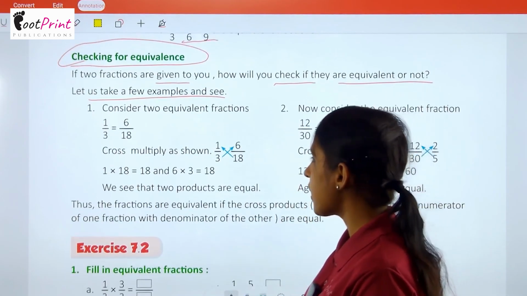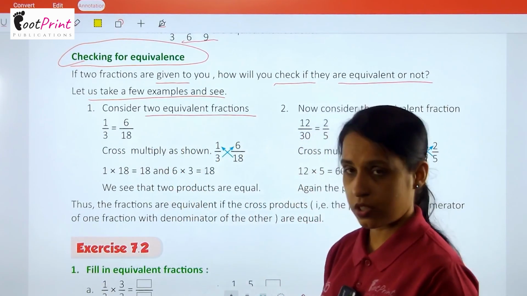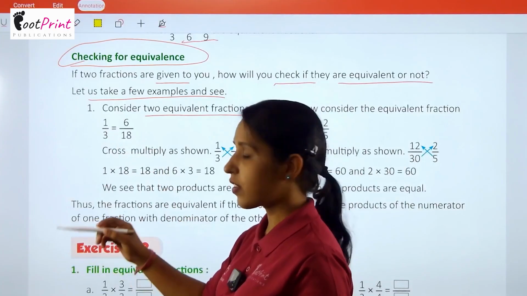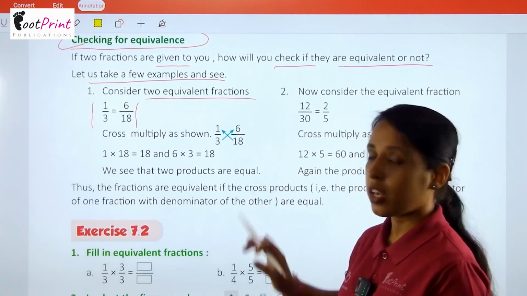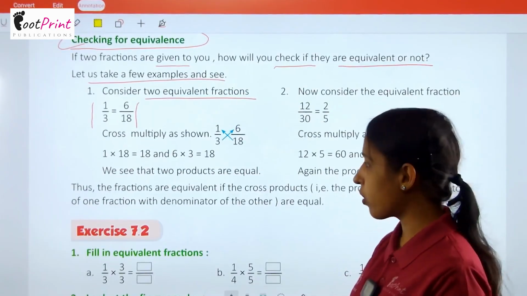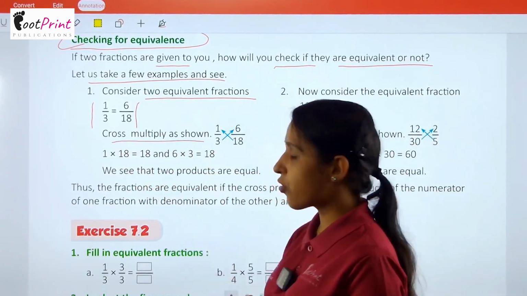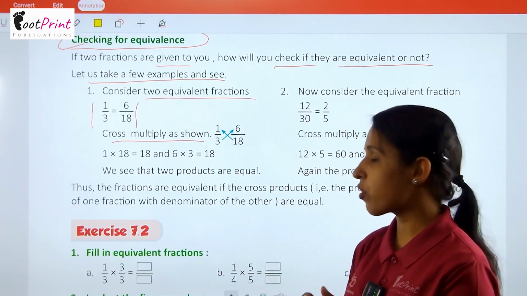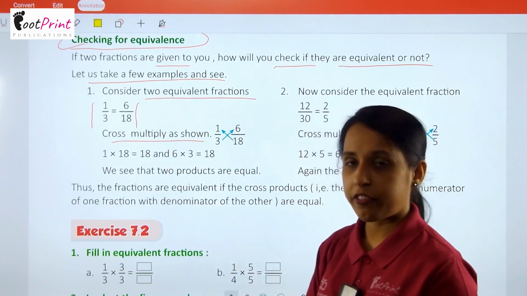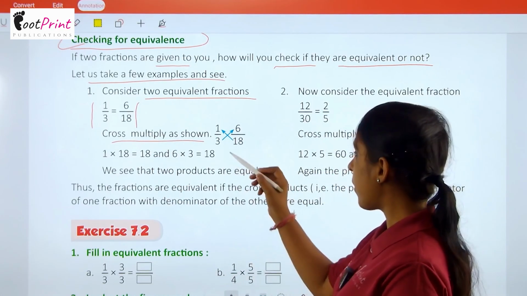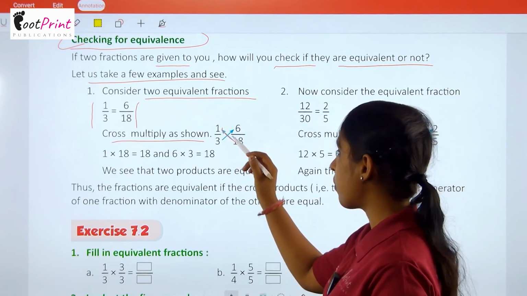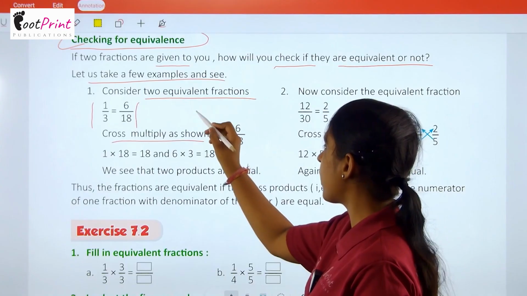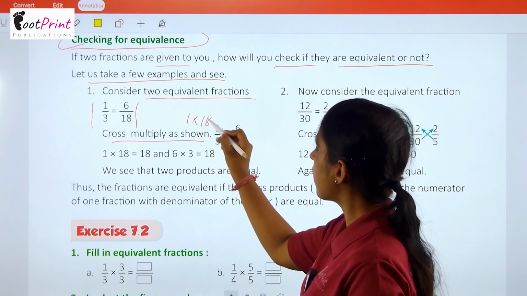First one: consider two equivalent fractions. Here two fractions are given, 1 by 3 and 6 by 18, and we have to find out whether they are equivalent or not. So cross multiply as shown. We first have to cross multiply both fractions. How do we cross multiply? The numerator of one fraction and the denominator of the other, we will multiply. It will become 1 into 18 is 18.